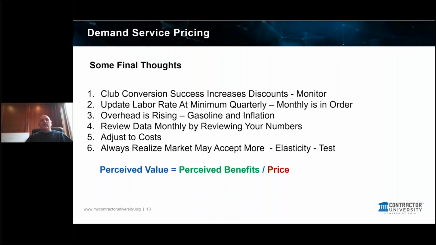So perceived value in blue is equal to perceived benefits. That's the consumer's version of how they feel. Brand equals trust. How do I feel about the relationship? How do I feel about the technician? How do I feel about the company overall, based on the idea that something has occurred? And that then gets equated against price. The denominator here is price, so that we're dividing by price.